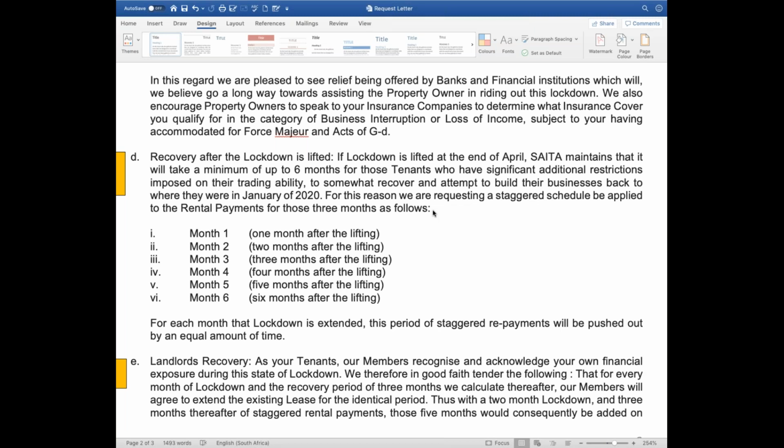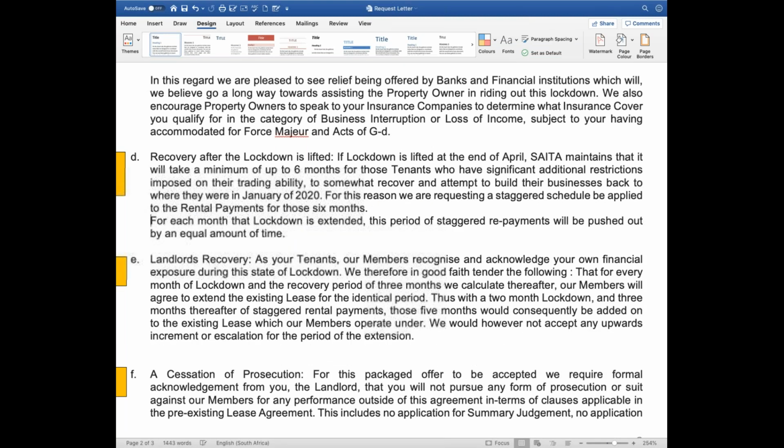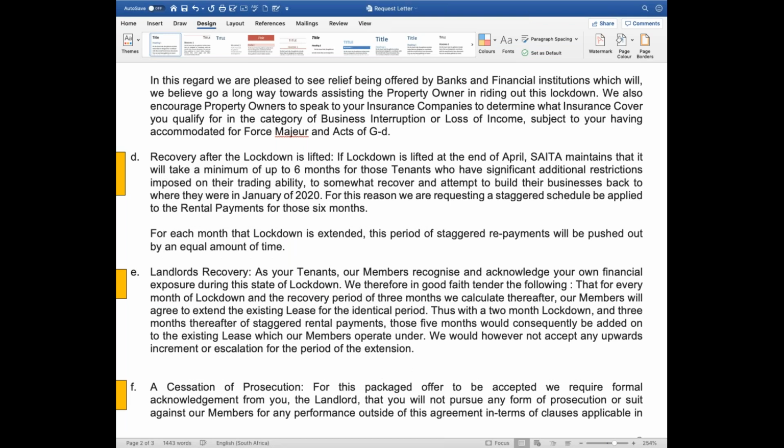So we really need to keep Section D quite open, saying that while we're fully closed, we will not pay any rental. While lockdown is partially in effect, we will not pay any rental. And then I think leading up to month 6, after we're fully operational, staggered. I know some people are asking for percentage, some people are asking for turnover rental. I'm not prepared to open my books for the landlord to have a look in. It's not his business, it's mine.